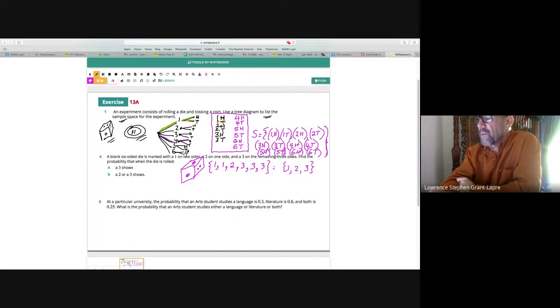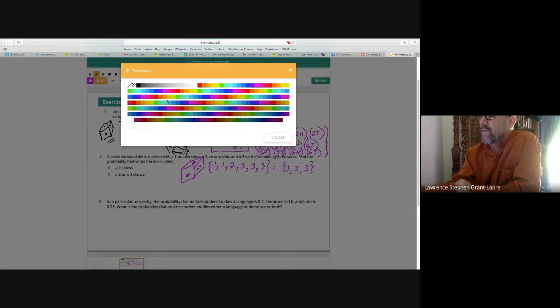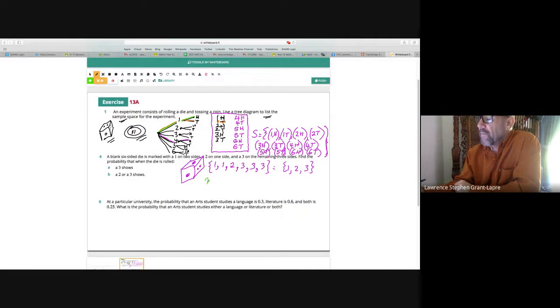Find the probability that when the dice is rolled, a 3 is shown. Well, the formula for the probability of an event is the number of times that event can happen divided by the total number of possibilities.